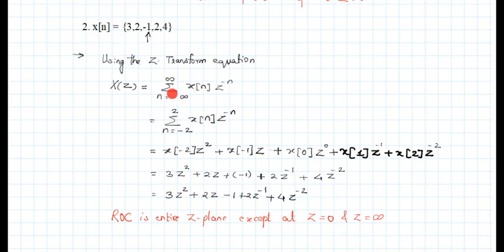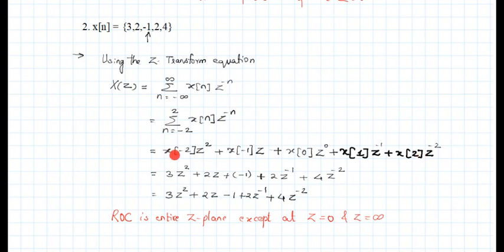So this is the equation of the Z transform. Analyzing x[n], we understand that there are 2 samples on the left hand side and 2 samples on the right hand side about the origin. Therefore x[n] extends from -2 to +2. Changing the limits from -2 to +2 and expanding the summation is shown here.